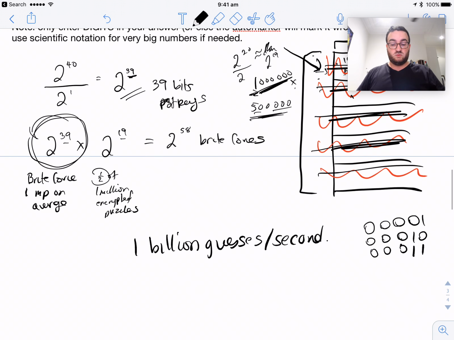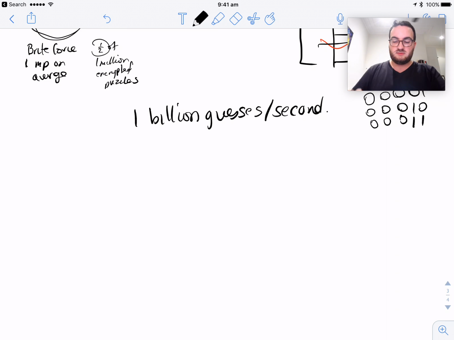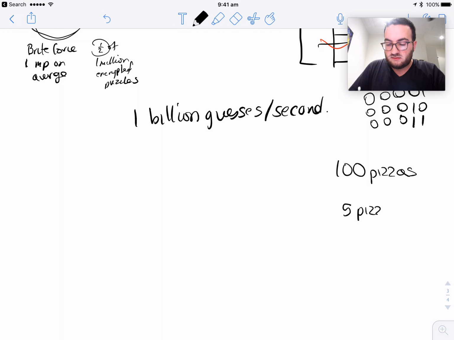If we can do 1 billion guesses per second, I think people get confused with this quite a lot. Let's imagine I live in an alternate universe where I have 100 pizzas, and I'm a very hungry person, so I can usually eat 5 pizzas per hour.